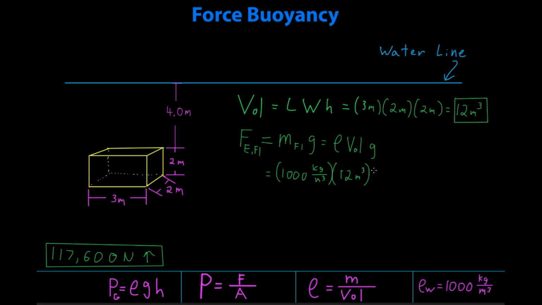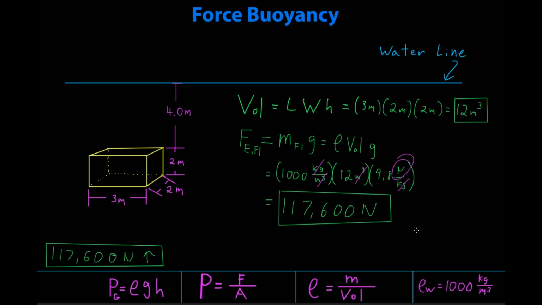Notice the meters cubed are already going to cancel. Times 9.8 newtons per kilogram. So, kilograms cancel, meters cubed cancel. Again, I am left with newtons. And if I do this, I get 117,600 newtons. And this will work every single time.